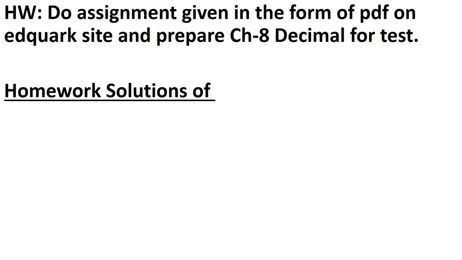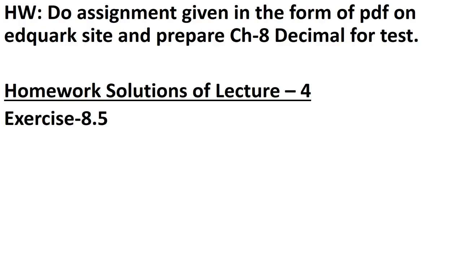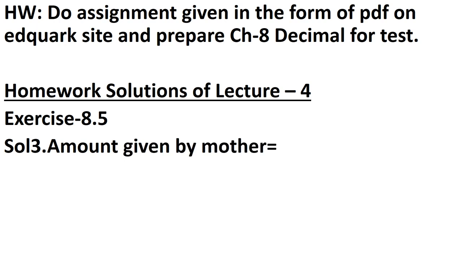Now it's time for the homework solution of lecture 4. Exercise 8.5. Question number 3. Radhika's mother gave her rupees 10.50 and her father gave her rupees 15.80. Find the total amount given to Radhika by the parents.